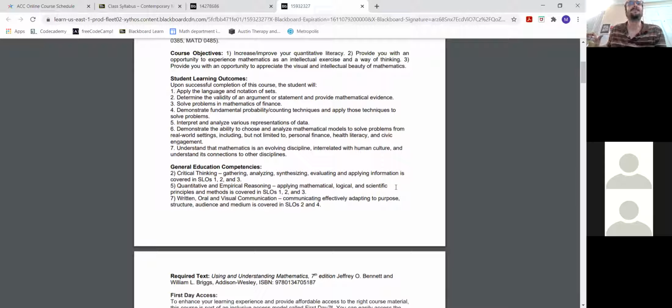Student learning outcomes. Apply the language and notation of sets. So we're going to talk about sets. We're going to start talking about logic as the first thing that we're going to go over in the first chapter. I'm going to pair logic with a little bit of geometry in chapter 10, and that will be your first test.